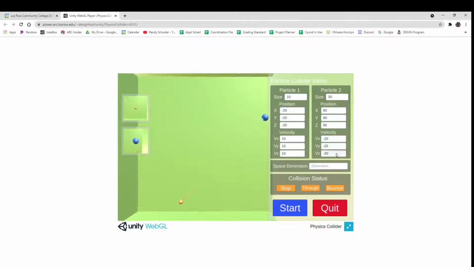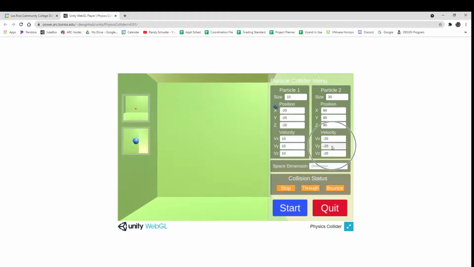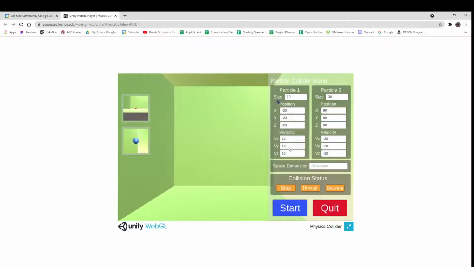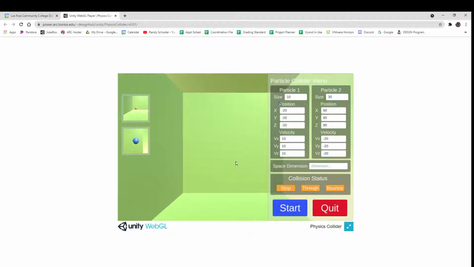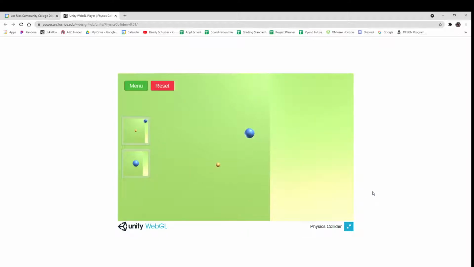Or maybe you say, I'm going to give you this and this and this, and a collision point, give me these velocities. Or I'm going to give you this, and you give me this and this so that they'll collide, period. Who cares where they collide. So it's just a way to let people practice over and over and over again and visualize and see that they've got the result.